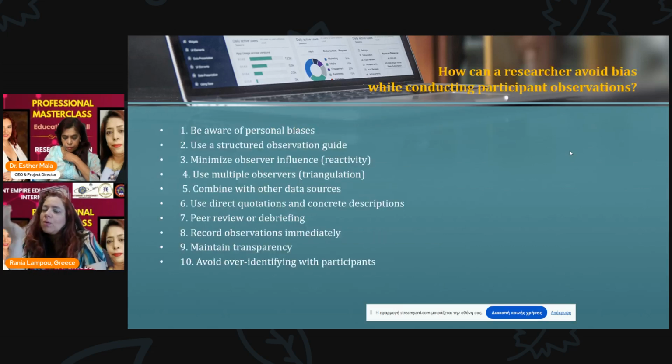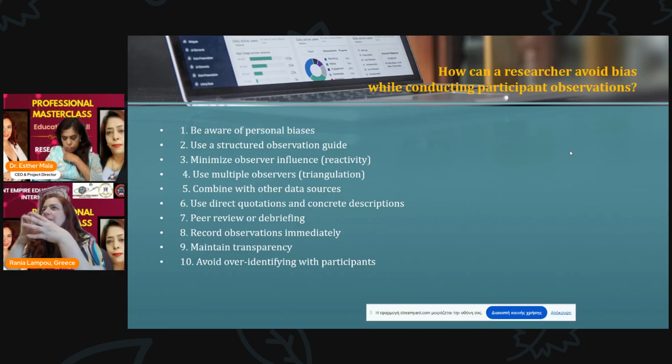And how, as researchers, can we avoid bias while conducting participant observation? Is it possible? Trying to avoid bias is important in order to ensure credible, objective, and valid research findings. So first, we need to be aware of personal biases. Acknowledge, first, it's about self-reflection.